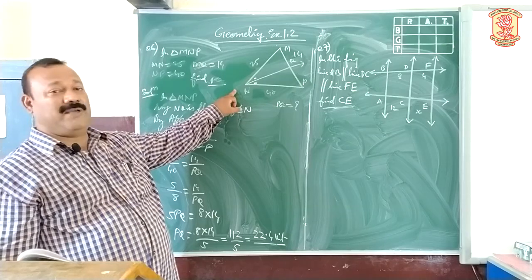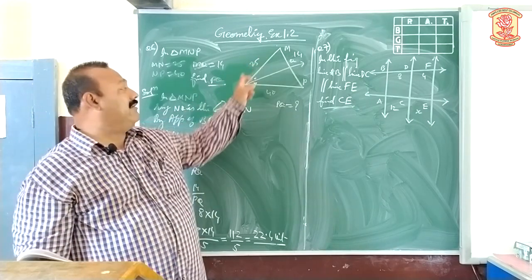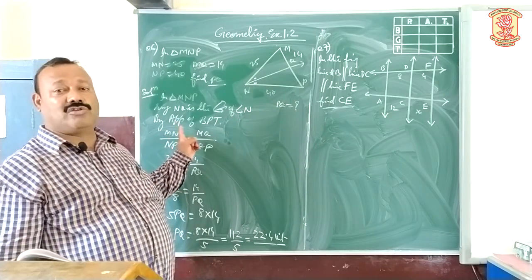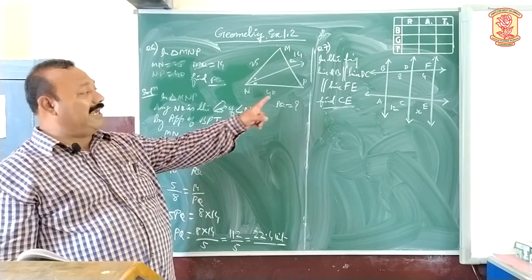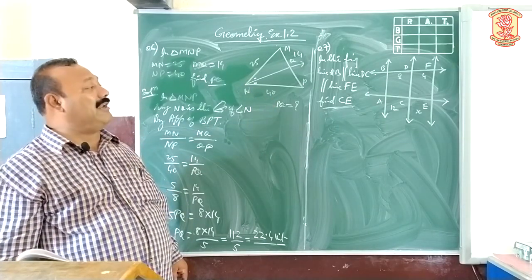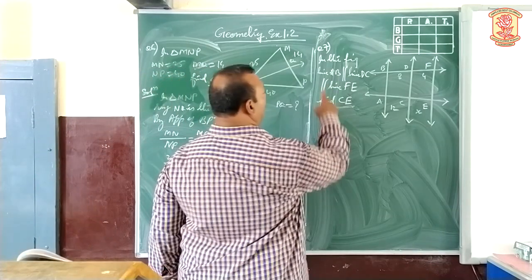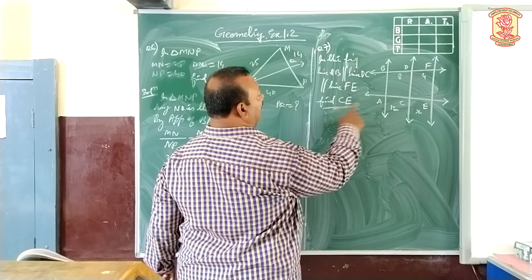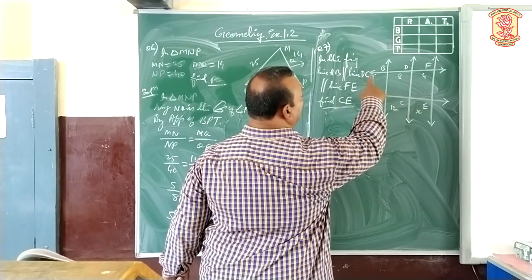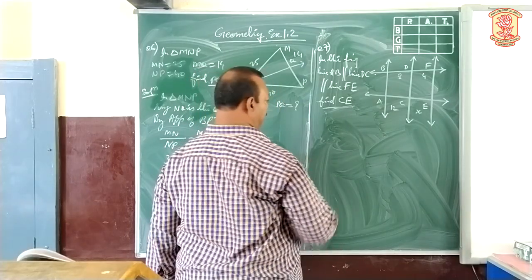This question was based on application of BPT in a triangle. If the angle bisector is given, make use of BPT, and it is also applied when three parallel lines are intersected by two transversals. Here the two transversals are line AE and line BF.